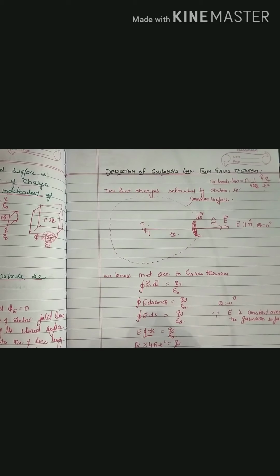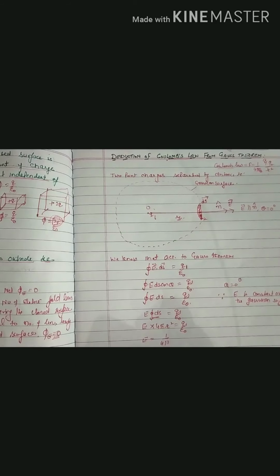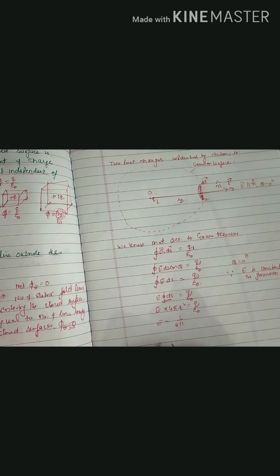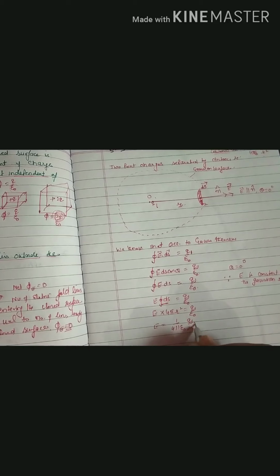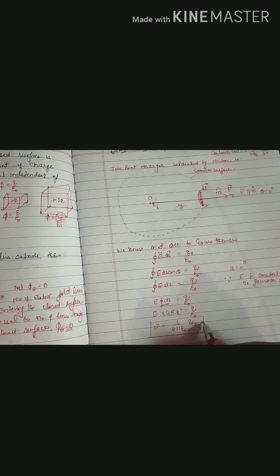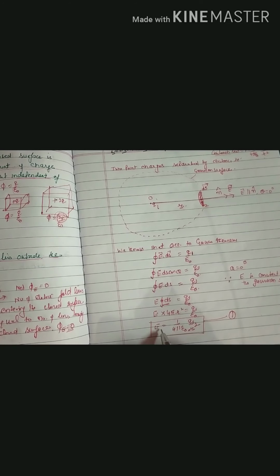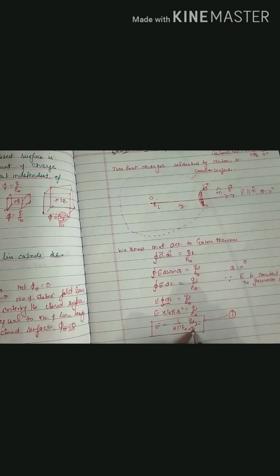So E is equal to 1 upon 4 pi epsilon naught Q1 upon r square. This is equation number 1. And you know that this is the electric field due to point charge at a distance r.